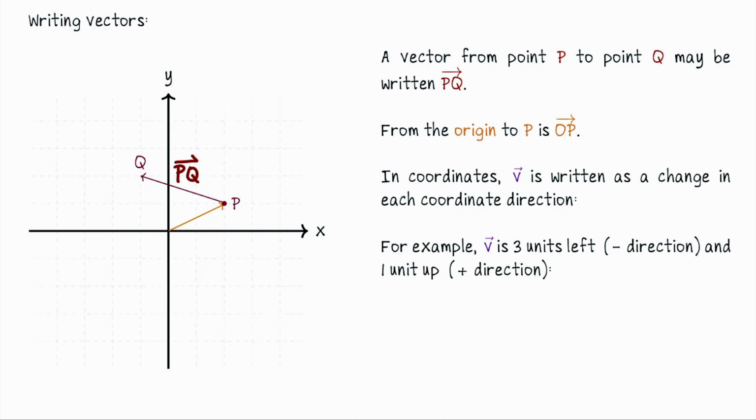So this vector right here is the vector that starts at the origin and goes to P. In particular, this vector I just labeled is what we call the position vector for the point P. So the vector which starts at the origin and goes to some point is the position vector for that point. Therefore, OQ, starting at the origin and going out to Q here, would be the position vector for the point Q.